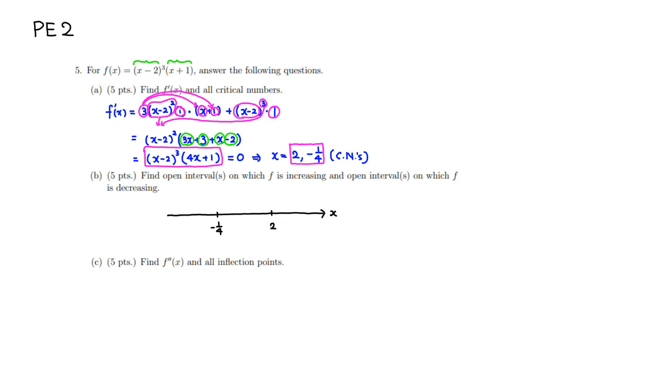Then we're interested in finding the sign of f prime. For sample numbers, anything less than negative 1/4, I'm going to try negative 1. Anything between negative 1/4 and 2, I'm going to try x equals 0. Anything bigger than 2, I'm going to try x equals 3.